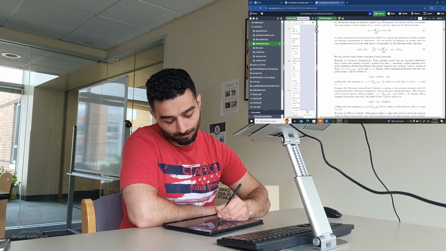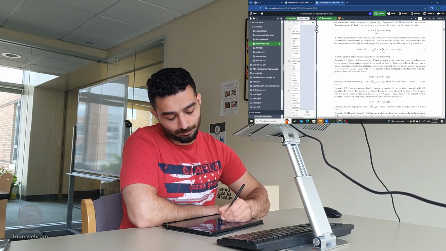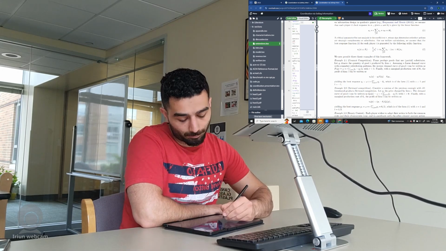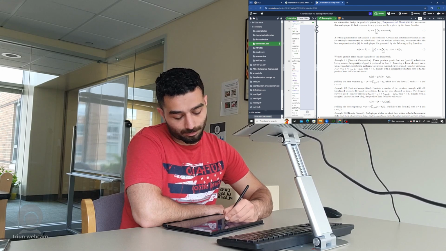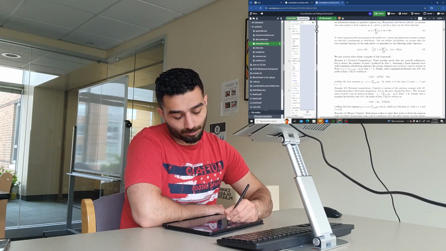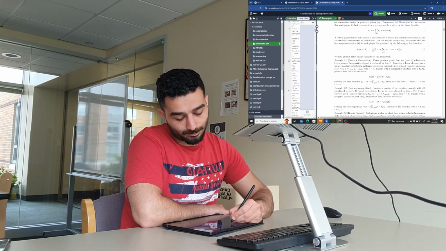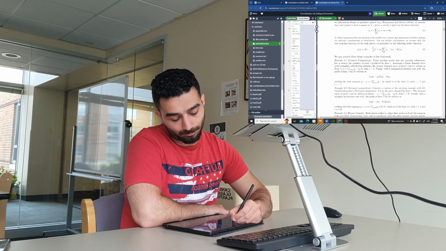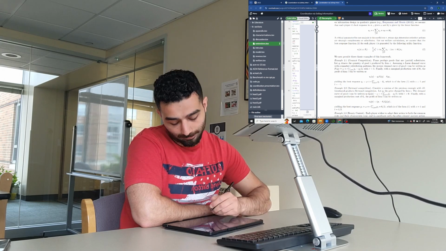Pi of Q, which is the vector of Q's, is omega plus R sum over j not equal i of Qj minus Qi over 2. That's the price. R negative.